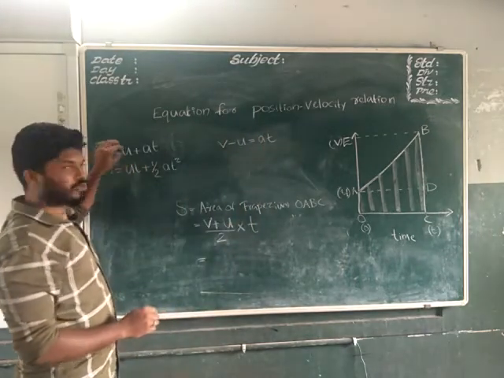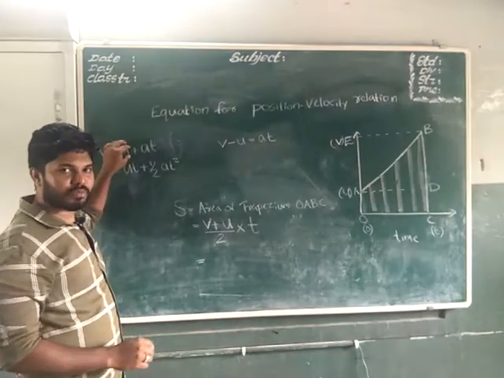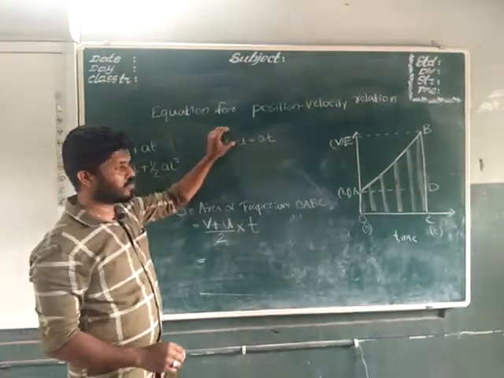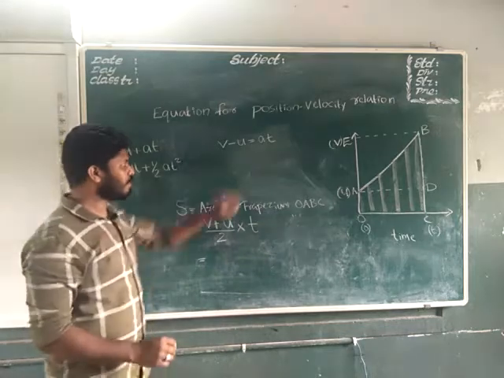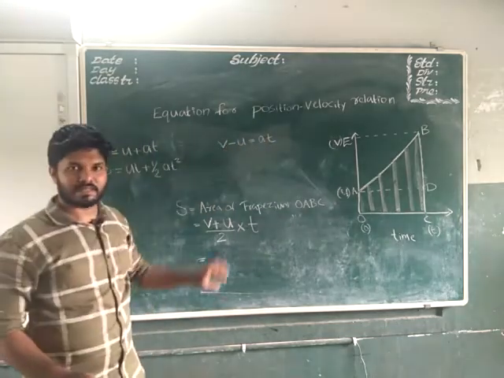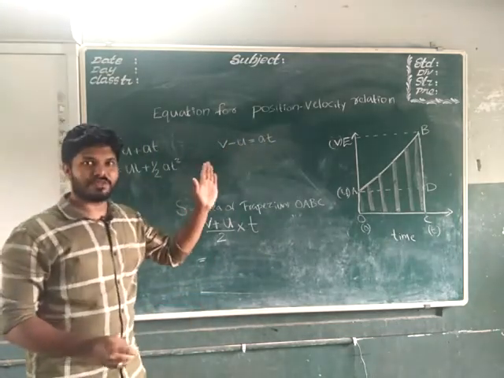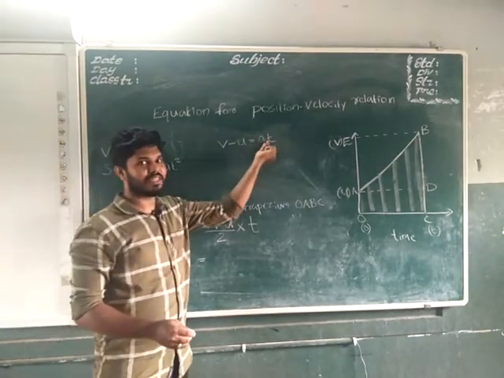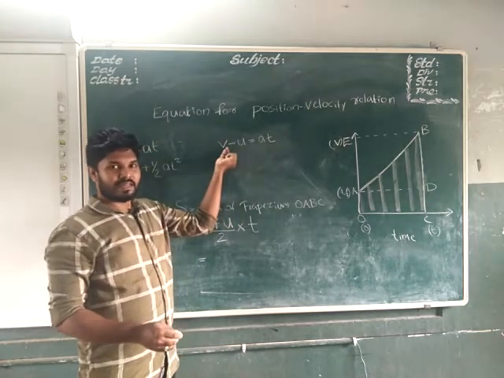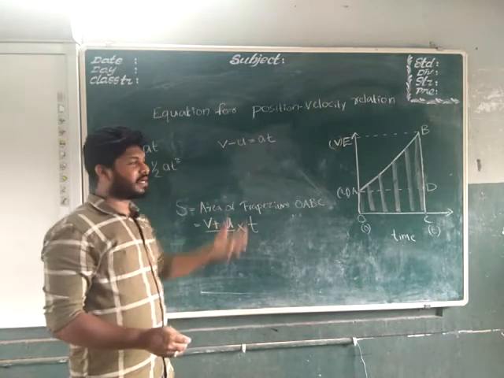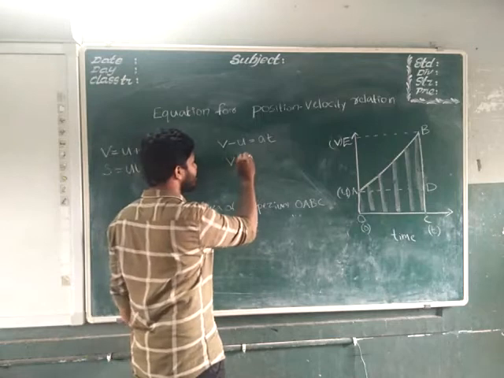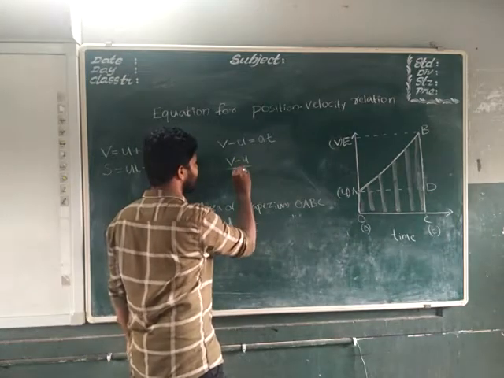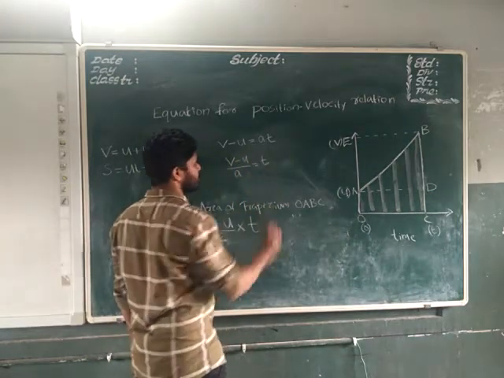We are taking the u to the other side, so plus u becomes minus u. Now we are taking this a to the other side. It is a into t, so it becomes divided by a. So v minus u divided by a is equal to t.